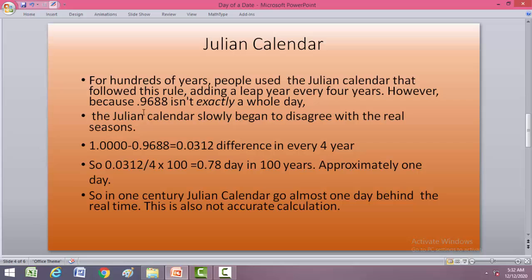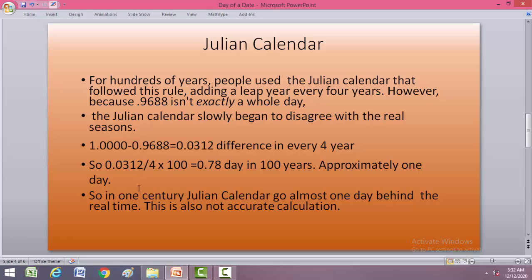However, because 0.9688 is not exactly a whole day, the Julian calendar slowly began to disagree with the real seasons. That is, we are adding one day every 4th year instead of 0.9688. That is a difference of 0.0312 in every 4 years.